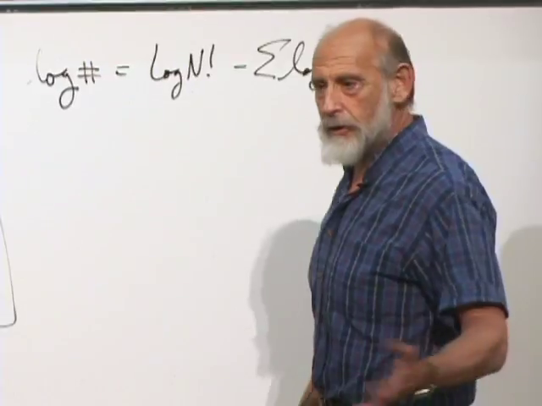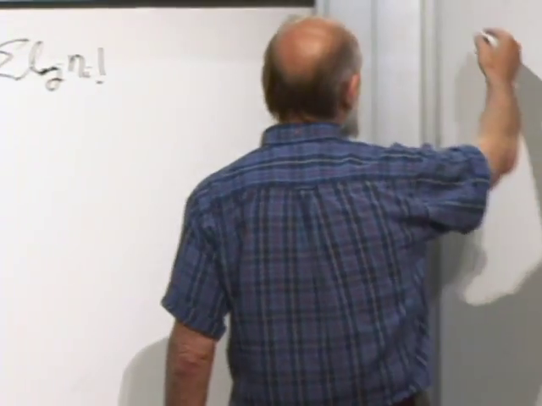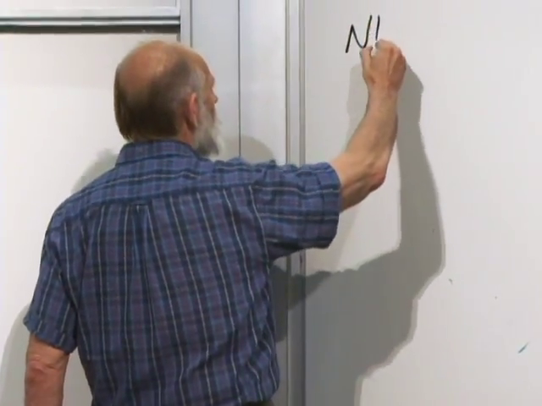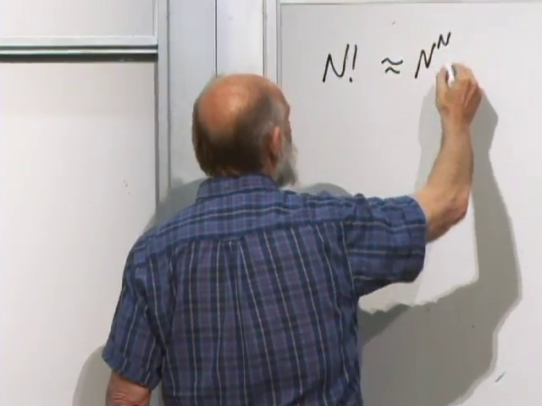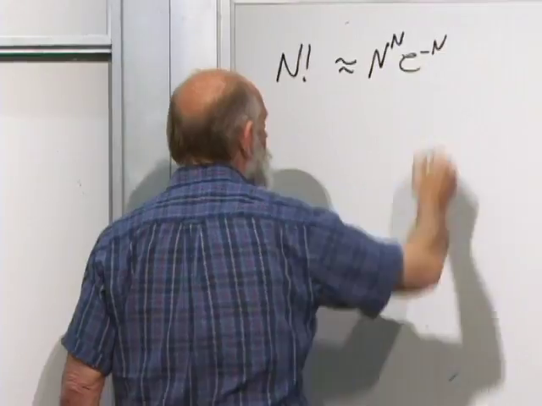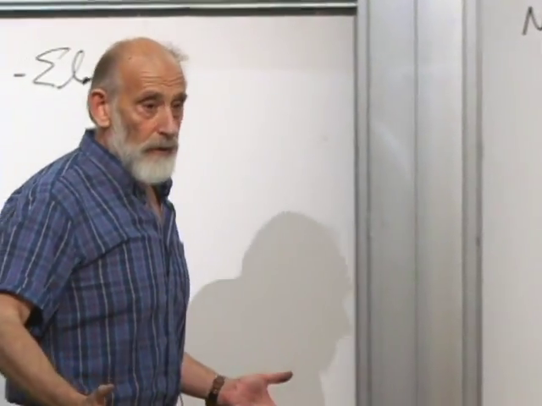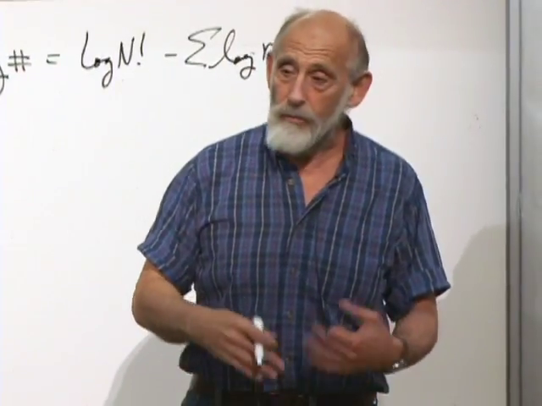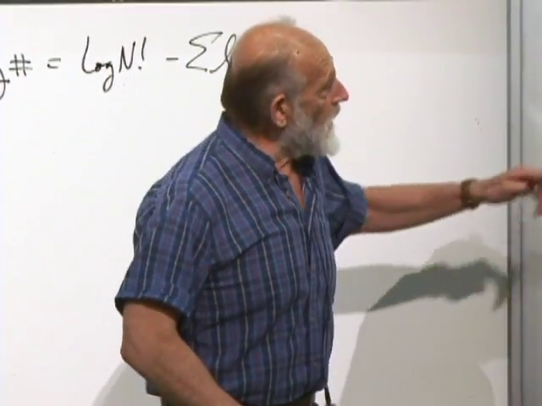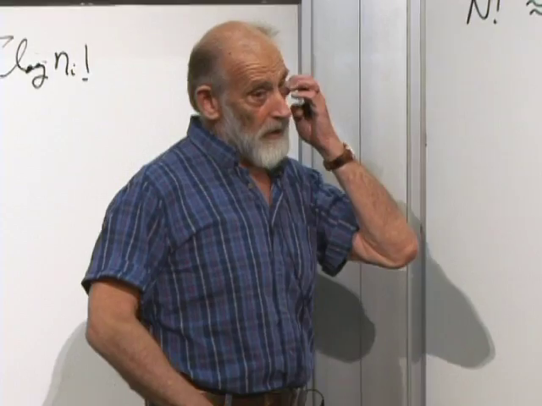The Stirling approximation can be written in one of two ways. It can be written as either n factorial is approximately equal to n to the n e to the minus n, or you can take its logarithm. Incidentally, if you did it numerically, you would find out that this is not all that accurate as n gets big.